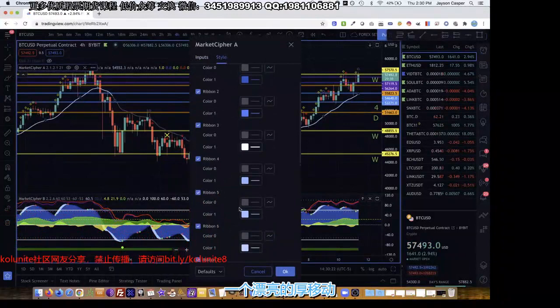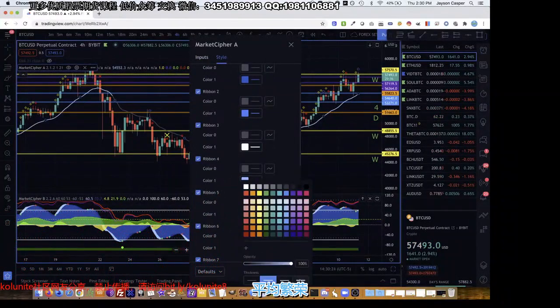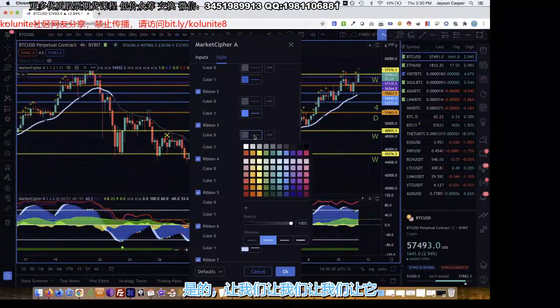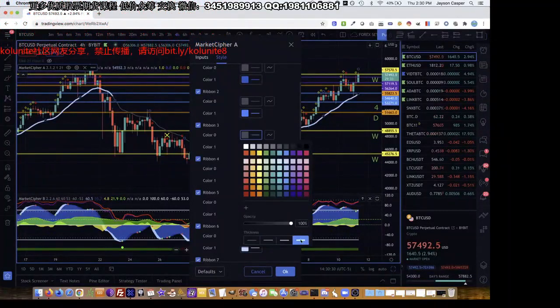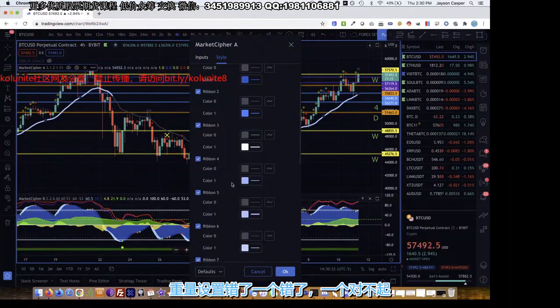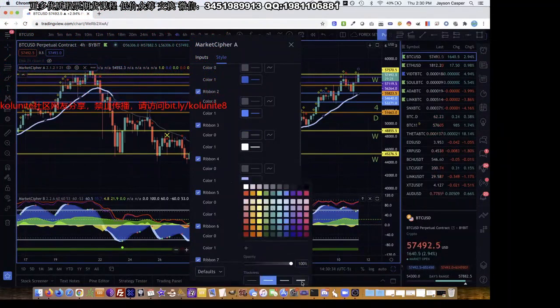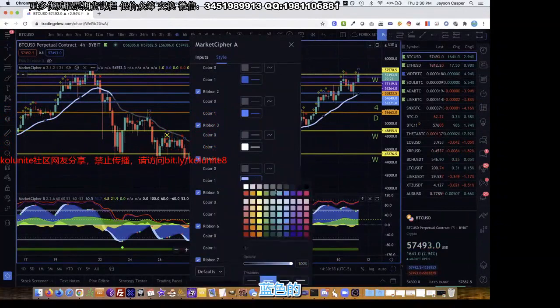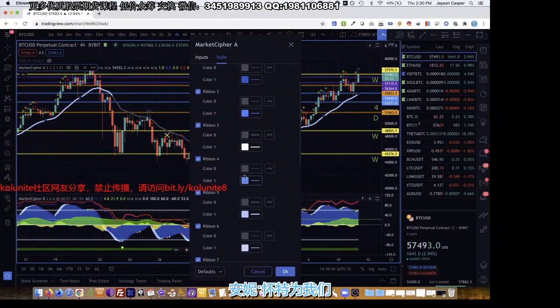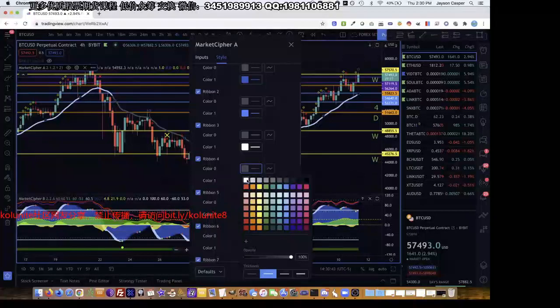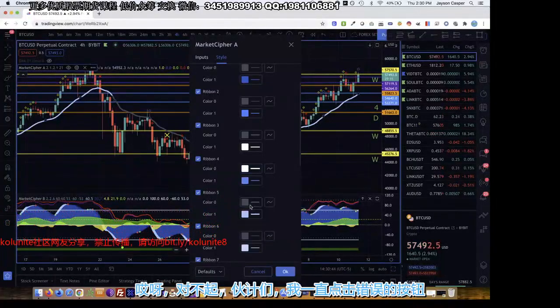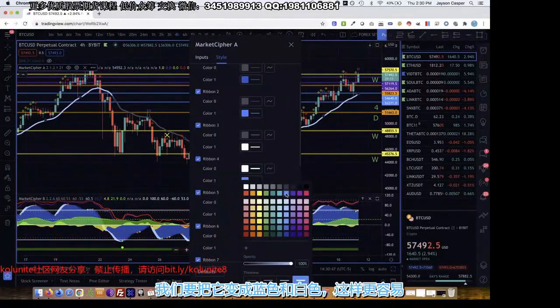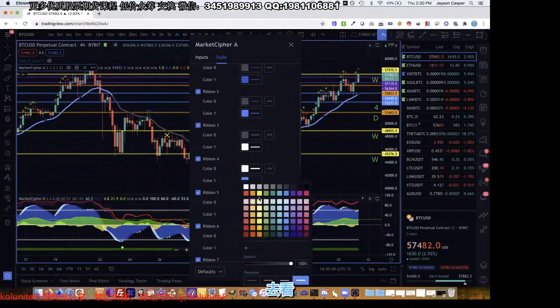A nice thick moving average. Oh wait, is that the wrong one? Yeah, wrong one, sorry. Nice and thick. Oops, sorry guys, I keep clicking the wrong buttons here. I'm going to make it blue and white so it's easier to see.